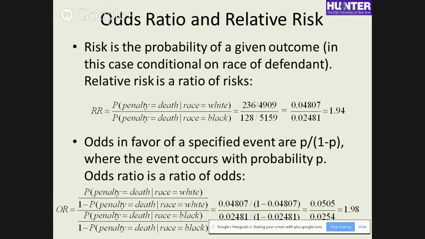So for the risk or the probability, the denominator is the total number of events, whereas with odds, the denominator is the complement of what's on the numerator. So instead of just probability, it's probability over 1 minus probability.